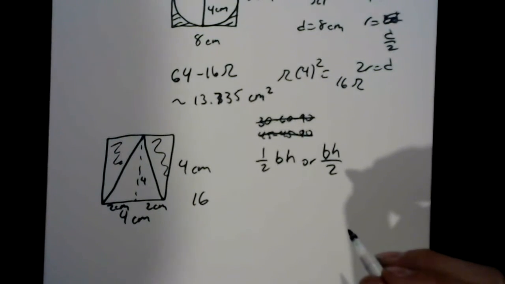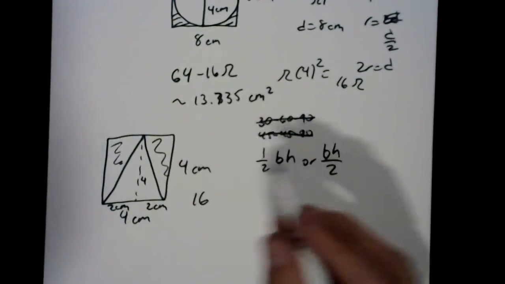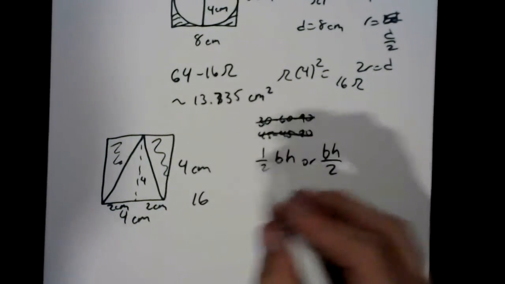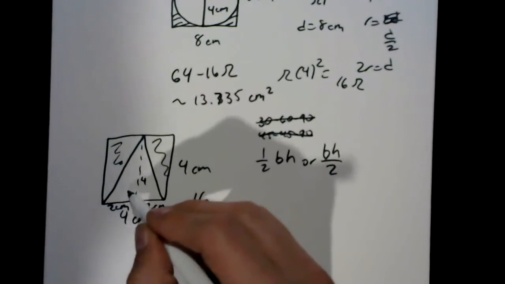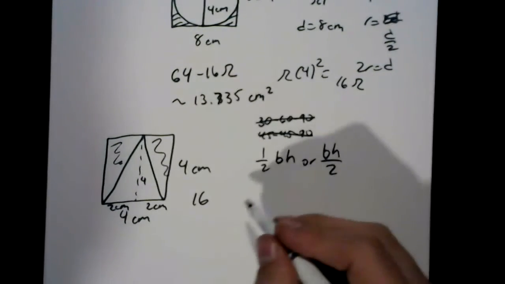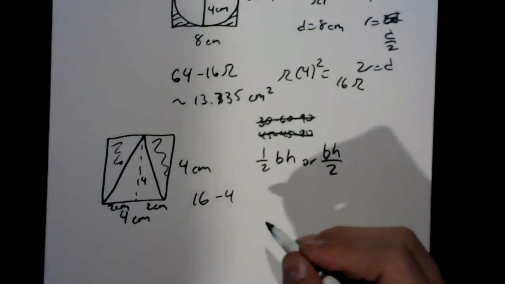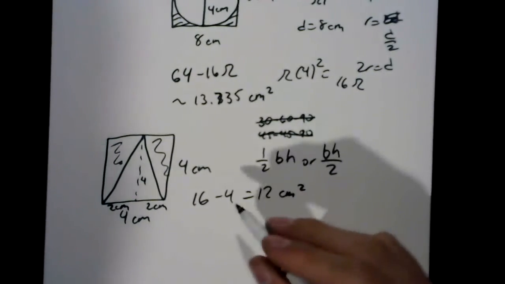So, given this equation, let's find the area. So 4 times 2 is 8, divided by 2 is 4. So it should be 12 centimeters squared for the area of those.